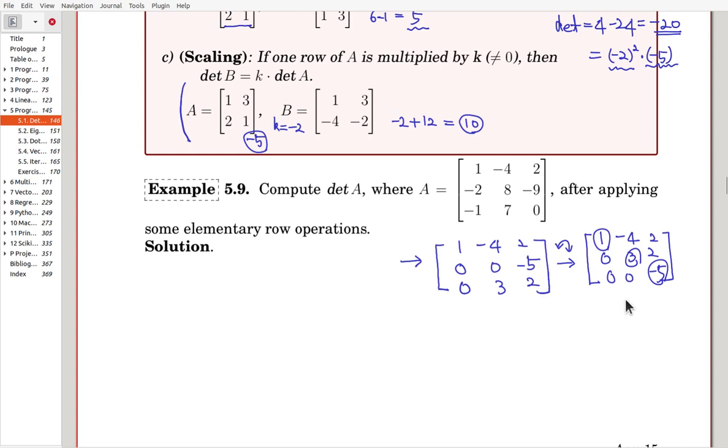So the determinant for this matrix is minus 15. Now, after interchange, we got that one, so the determinant of this one must be 15. Now, we obtained this one using replacement operations, so the determinant of matrix A must be the same as this value. So the answer is 15.